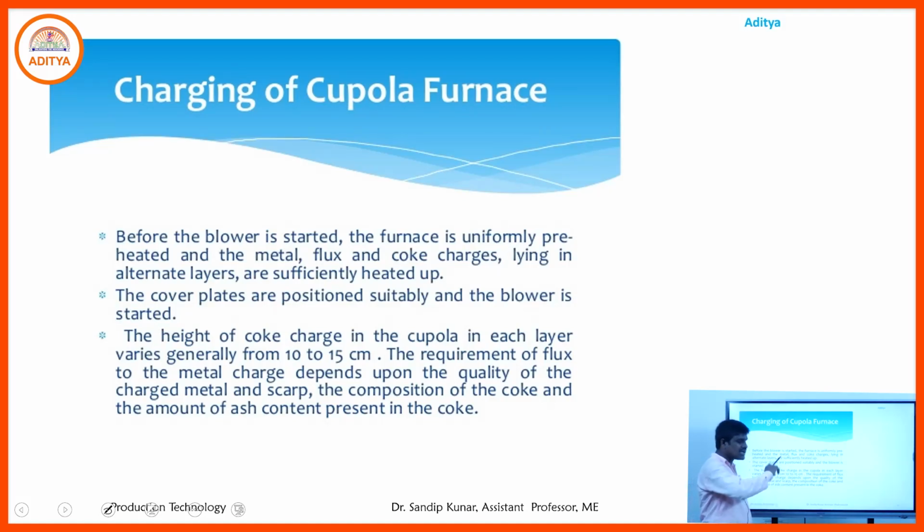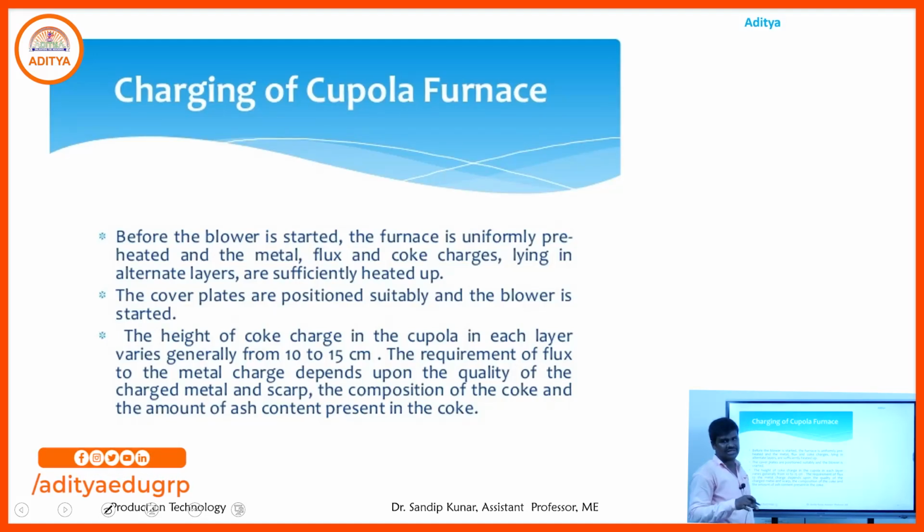When they come through the preheating zone, they are preheated again. After preheating, one layer after another is formed and accumulated: one layer of coke, one layer of flux and one layer of metal in the furnace.